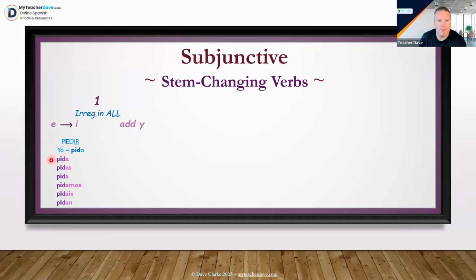So that would give us then, for I, pida. For you, pidas. He, she, it, or usted as well, pida. For we, pidamos. For ye, or you, plural, pidáis. And for they, or also ustedes, which is formal you, plural, pidan.